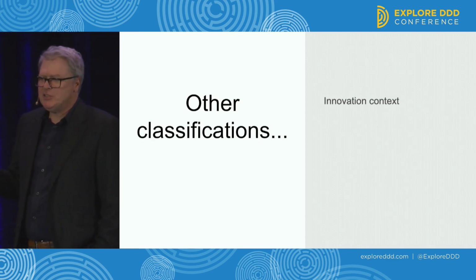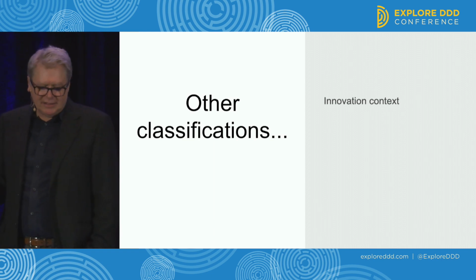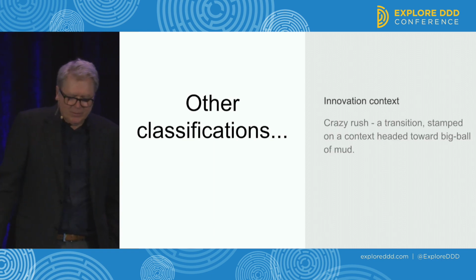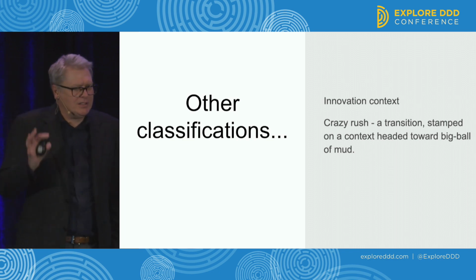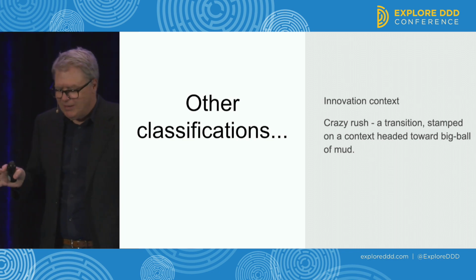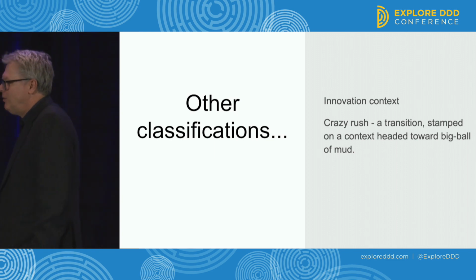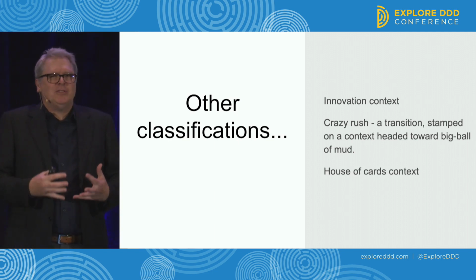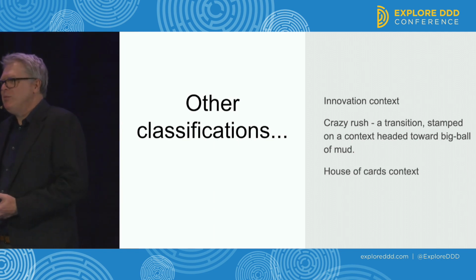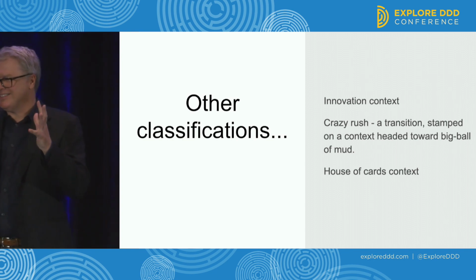And there could be a whole bunch of other ones. Maybe in this context, we expect to be innovative. In this one, somebody in a crazy rush has already kind of headed this toward a big ball of mud. Our goal here is to not push it over the cliff into full big ball of mudness. One term that I'm just dying to use somewhere for real would be to call it a house of cards context.